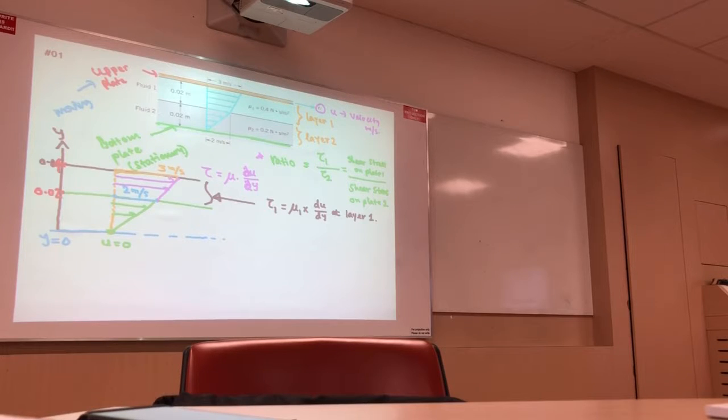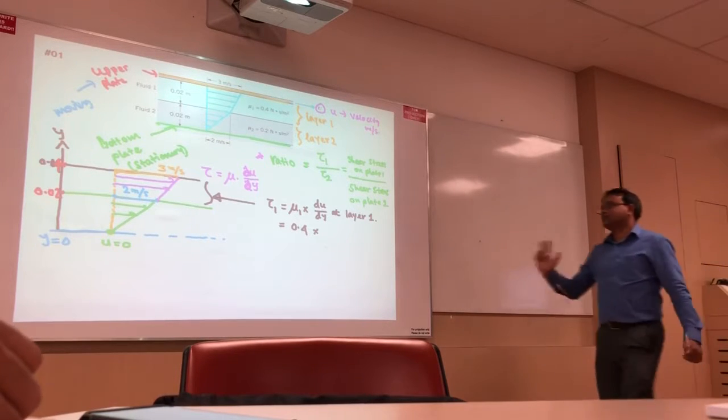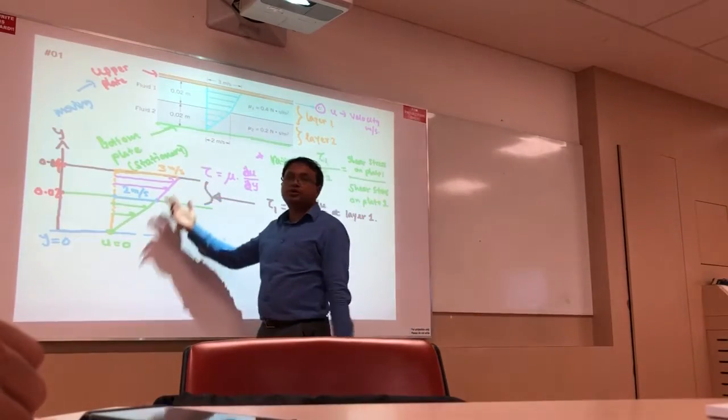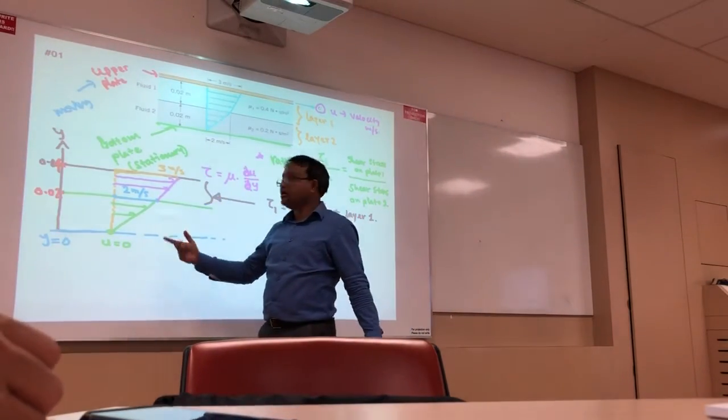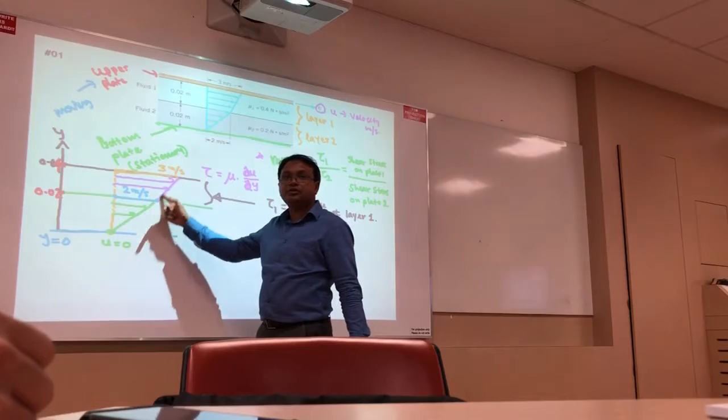Then, what is mu 1? I can substitute the number. So, mu 1 becomes 0.4, right? Done. What is du? Can you tell me what is du? Difference between, because they do not give me any equation. I do not know, right? It looks like a linear equation.